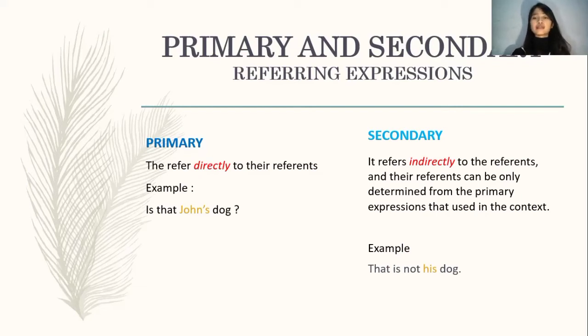The writer used a possessive pronoun to refer to the referent. So he used the word "his" to say that is not John's dog, or that is not his dog.